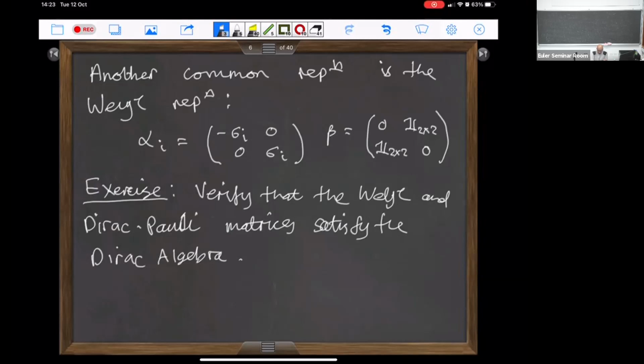And in that representation, beta is off diagonal. So just so you start getting used to the Dirac algebra, one can check as an exercise that these matrices actually do what has been claimed.